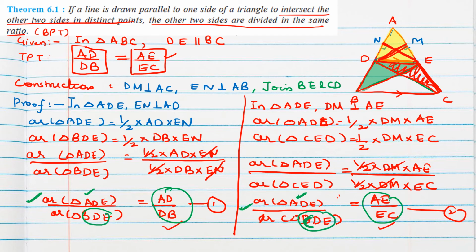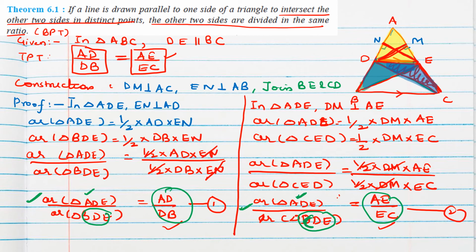Both are not equal. But remembering the theorem from class 9, we can prove that these two denominator areas are also equal. Why? Because if you observe this part, BDE triangle means this one and CED triangle means this one.